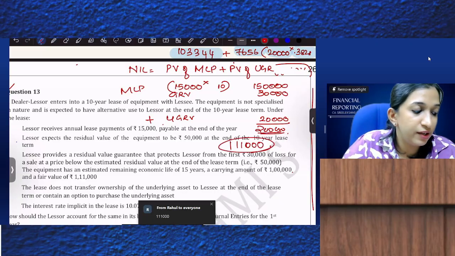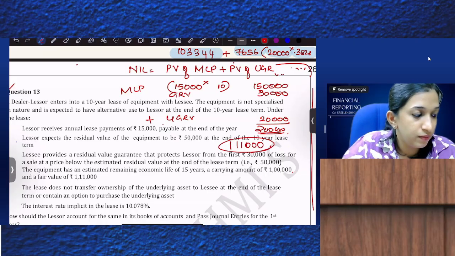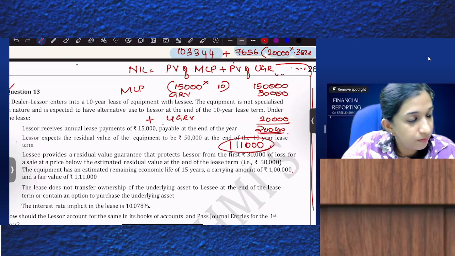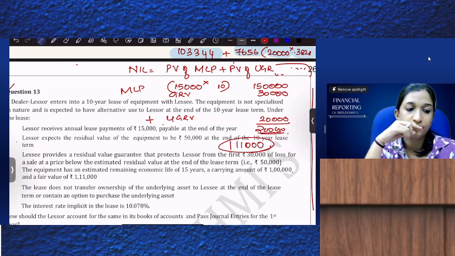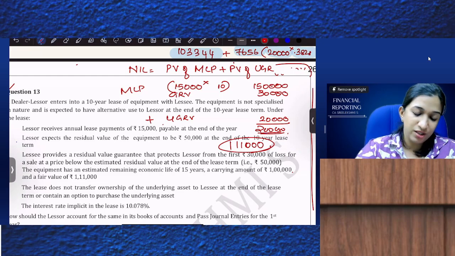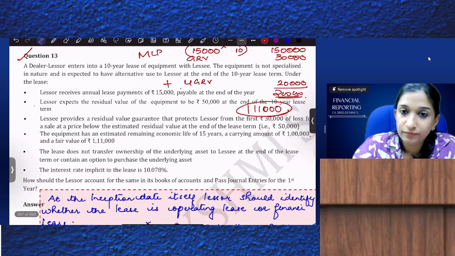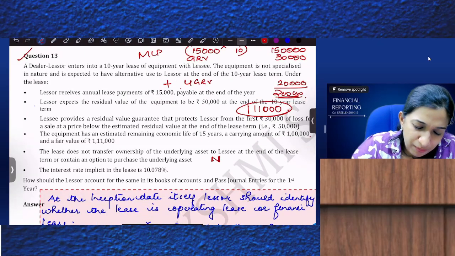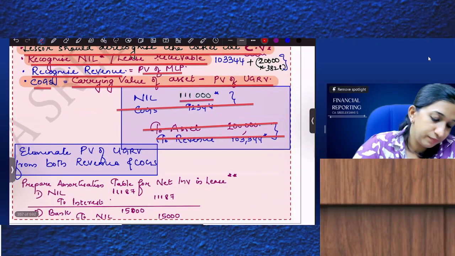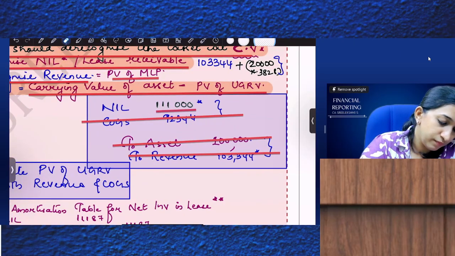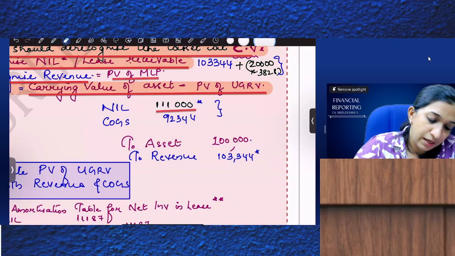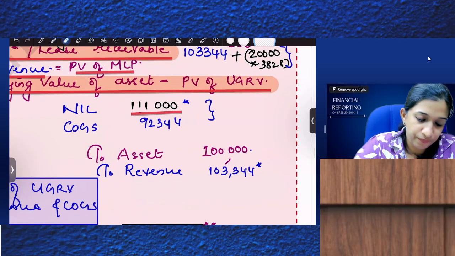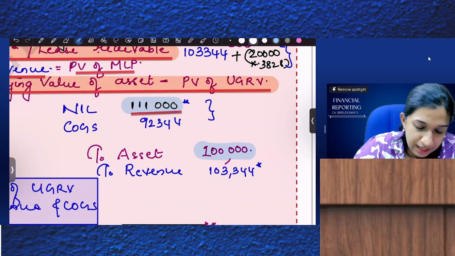What is the journal entry? Journal entry is: net investment in lease, lease receivable, 1,11,000, to asset credited at carrying value.